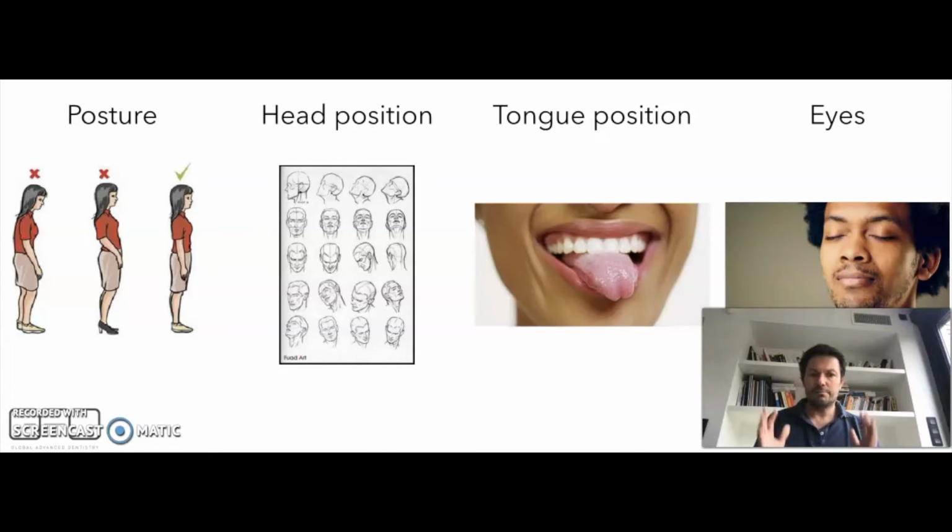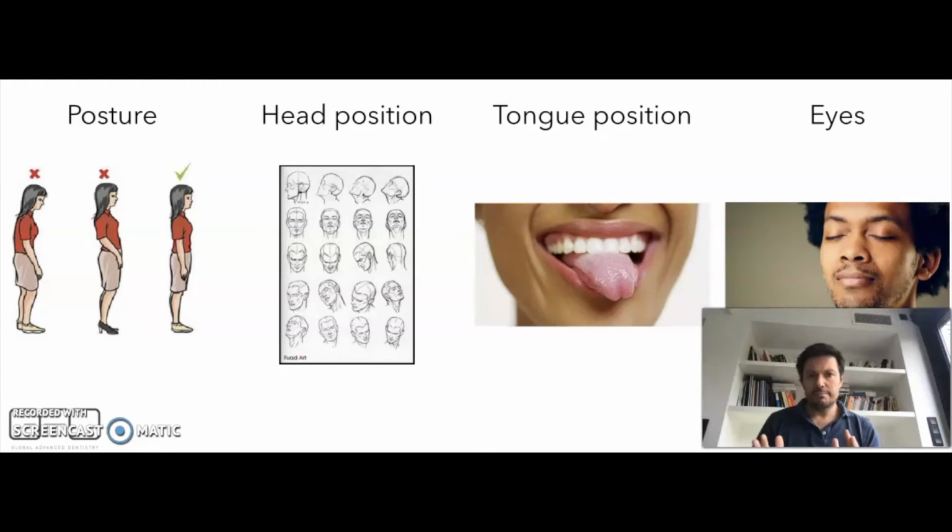Same thing with the head position. If the patient has the head forward and bites, the position of the jaw and the contact will be different than if the patient tilts the head back and bites. So be careful with the posture of the patient, be careful with the posture of the head.